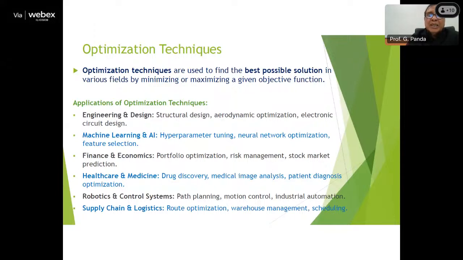So every investment has a risk factor. How to judiciously divide your total wealth in various schemes of investment such that in a given time, the return will be maximum. This is one of the very, very important areas. And thanks to advanced optimization techniques, we judiciously solve these types of complex problems.